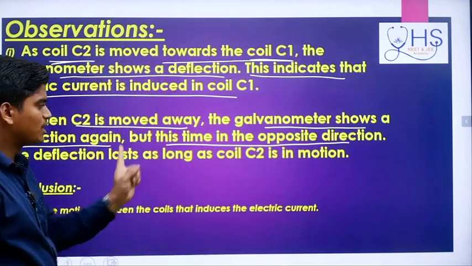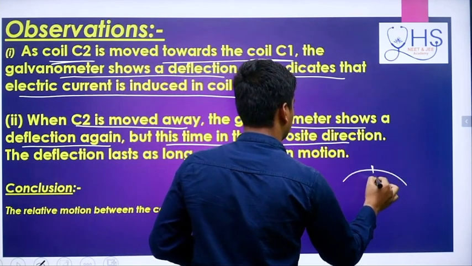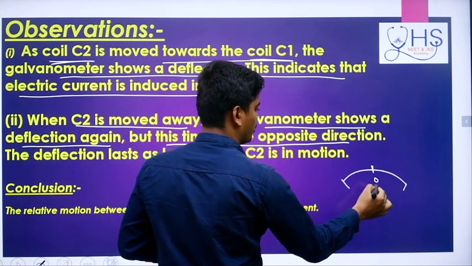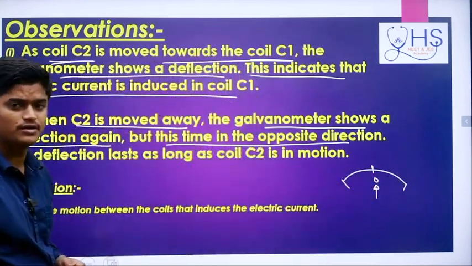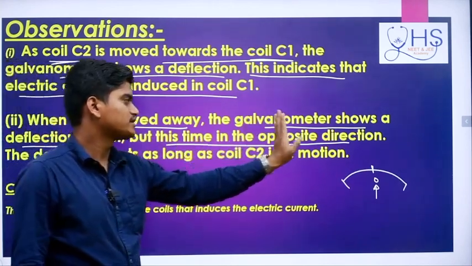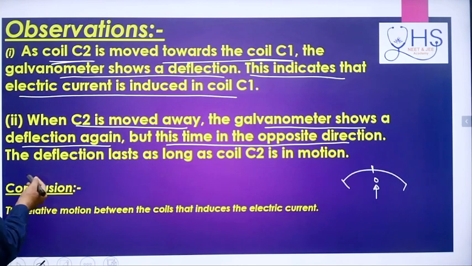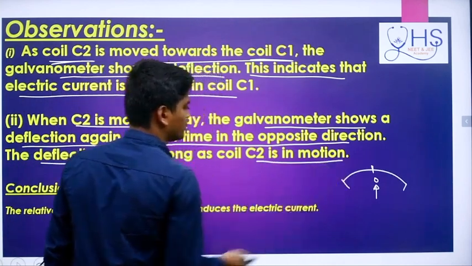So galvanometer deflections will be like this. This will be 0, and here this will be the pointer. So like this the galvanometer can show the deflection, in the opposite direction when you are taking it away. And the deflection lasts as long as coil C2 is in motion.